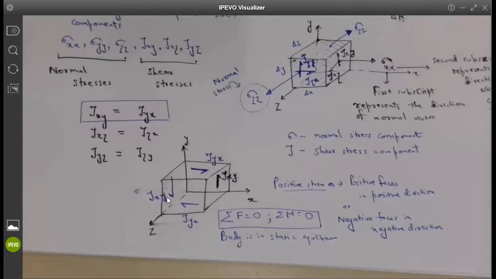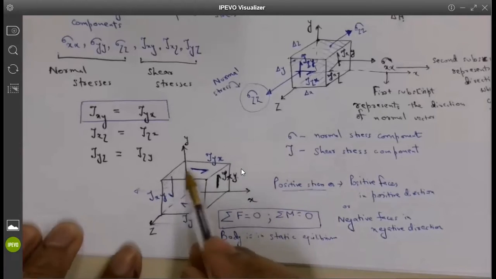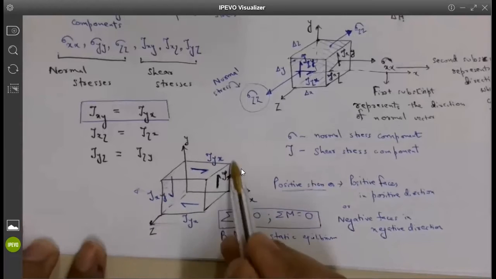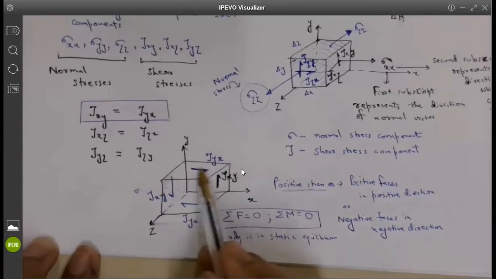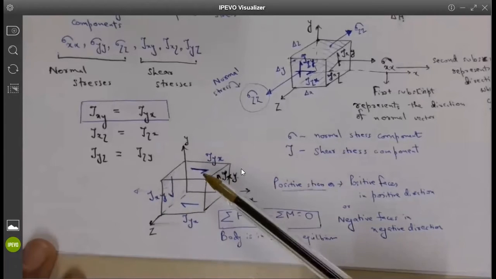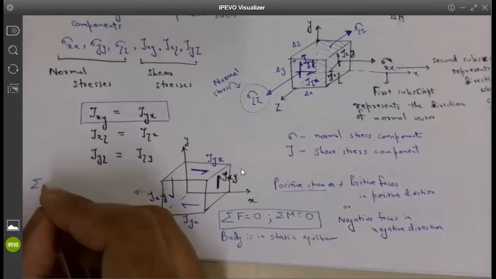Am I pronouncing it correctly, Ivan? Ivan, sorry. So Ivan, can you help us write this equation, summation of force equals 0 for this body? How can we write summation of force equals 0? Would we do the sum of the forces in the x direction first? Perfect. So let's do that. Summation of Fx.